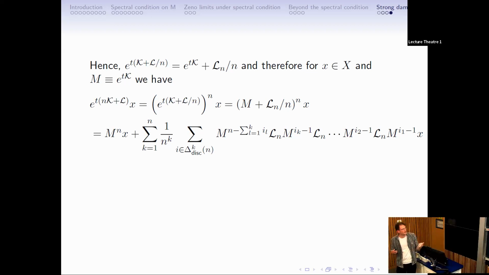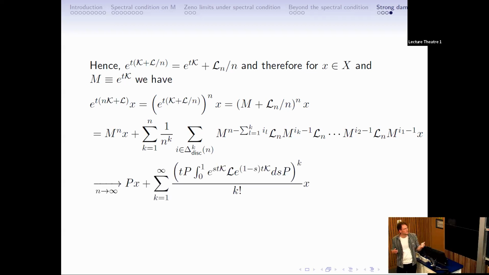But now our lemma can treat this sum, and I get something which basically is an exponential series, right? But now not exactly with L. But the nice thing is that P is the projector on the invariant subspace of that semigroup. So P kills those, and therefore also the integral. And I get just the effective Zeno dynamics back.